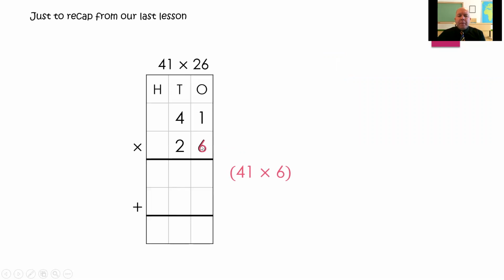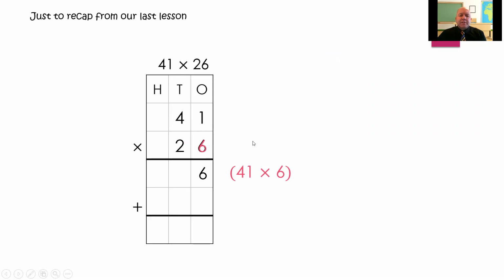So we'll start by really ignoring the 2 tens. They've not gone away. We're just going to ignore them for a minute. And we're going to do 6 times 41. So we'll start with 6 times 1. 6 times 1 is 6. That goes underneath there. And then we're going to do 6 lots of 4 tens. 6 lots of 4 is 24.